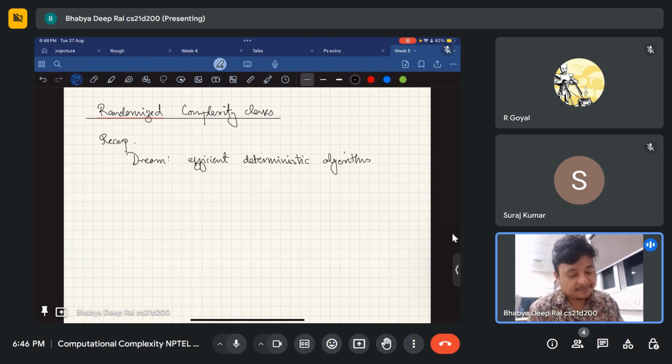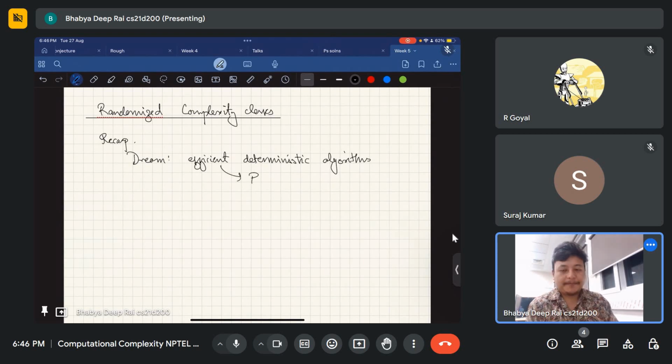Efficient in terms of time usually, and this is captured by P. If you want to talk about space, then it is captured by L. And if we give it slightly more power, which is non-determinism, the power of guessing correctly, then we get NP.